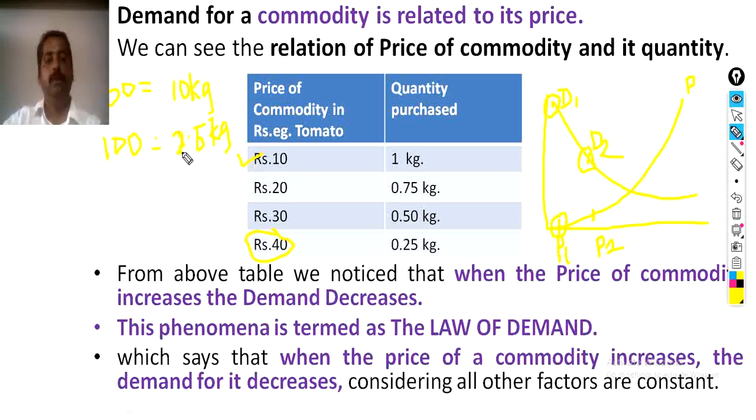For 100 rupees I purchased 10 kg of tomato when the price was 10, and for the same 100 rupees I purchased 2.5 kg of tomato when the price was 40. Here we can understand there is less demand for the commodity when the price increases from 10 to 40.